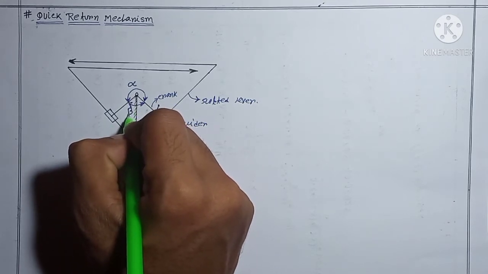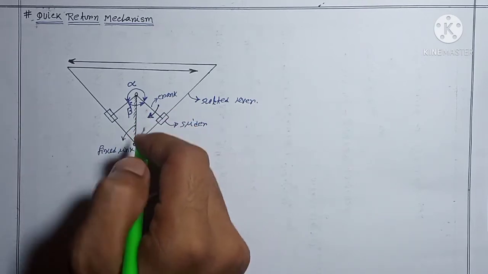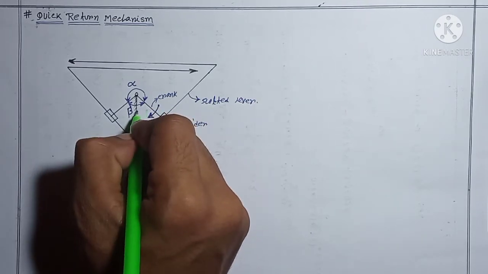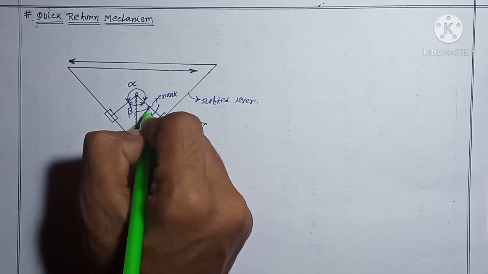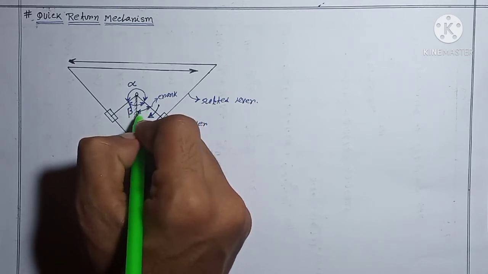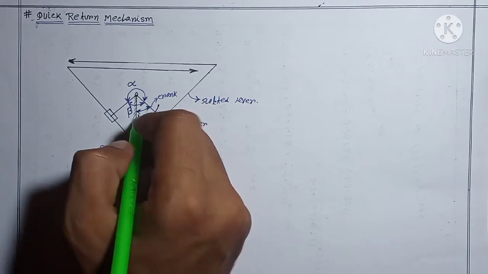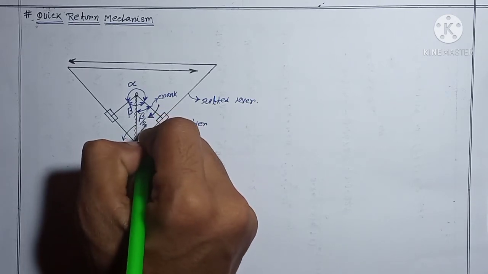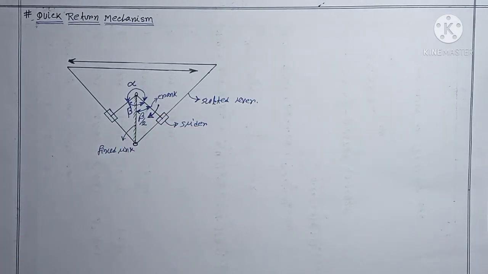If this total angle is beta, then this angle is half of beta, that is beta by 2. Up to now it's clear.